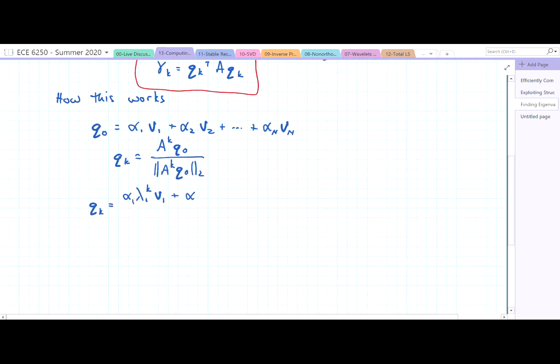And then we'll get alpha 2 times lambda 2 raised to the K times V2, all the way up to alpha n lambda n to the K times Vn.